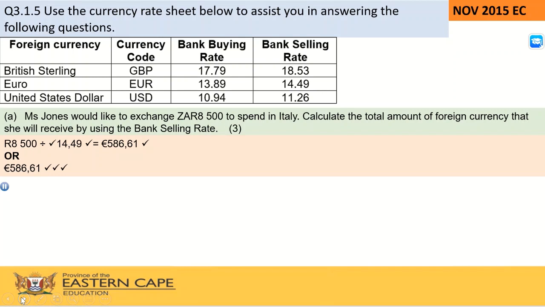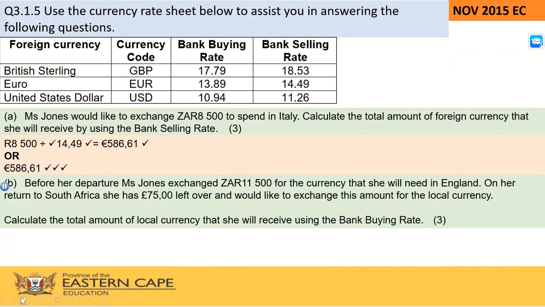The second is if you choose the correct exchange rate, and the third is for the final answer. You will also note that you can be given all 3 marks simply for giving the correct answer. I would advise against that, because if you do make a mistake, you will lose all 3 of the marks and not even be able to be awarded 1 or 2 of those marks.